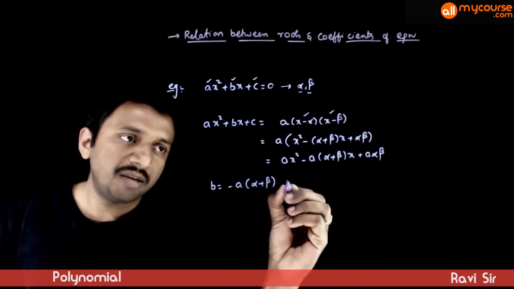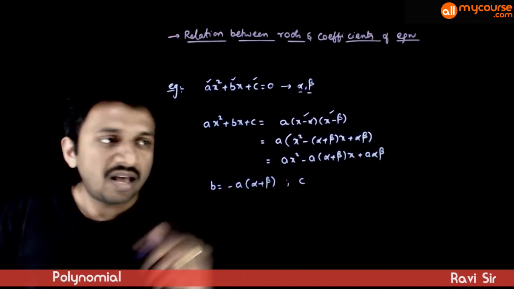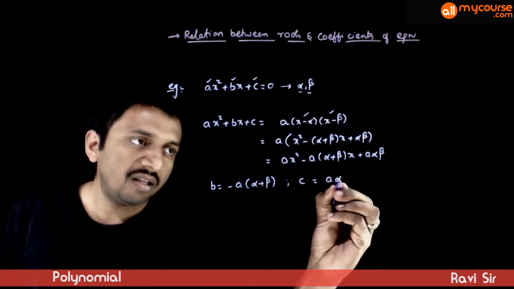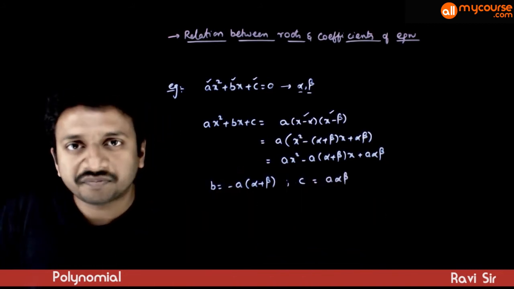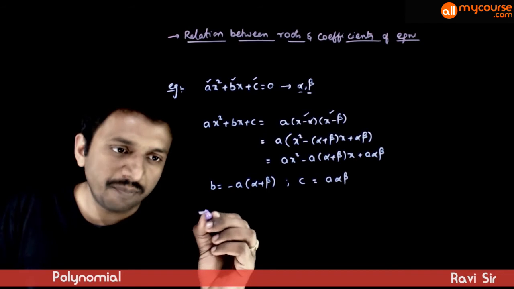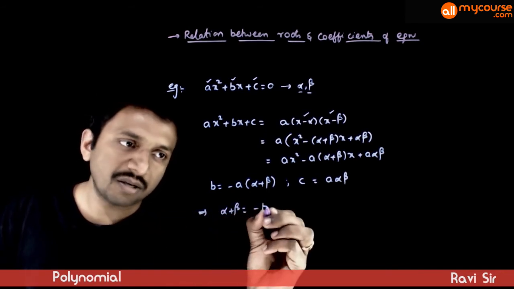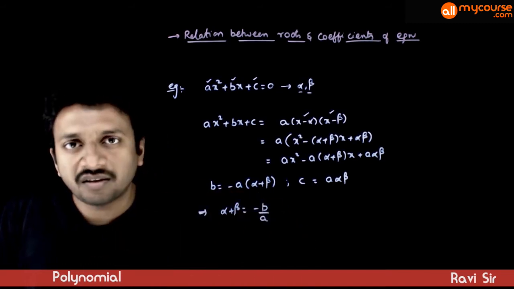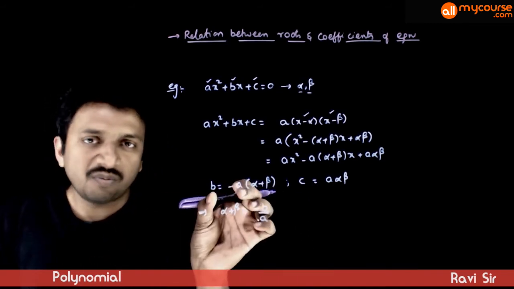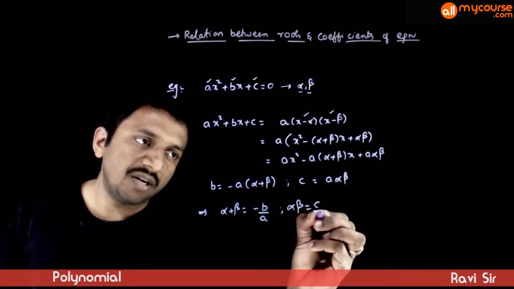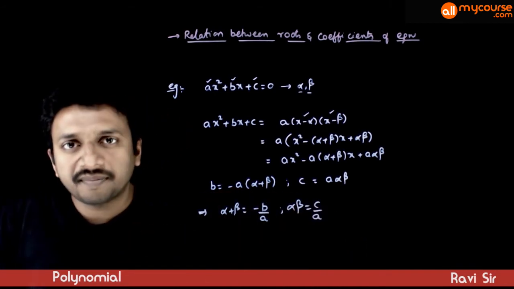The constant term here, c, has to be equal to the constant term here, a alpha beta. This implies alpha plus beta is equal to minus of b by a, and alpha beta is equal to c by a.